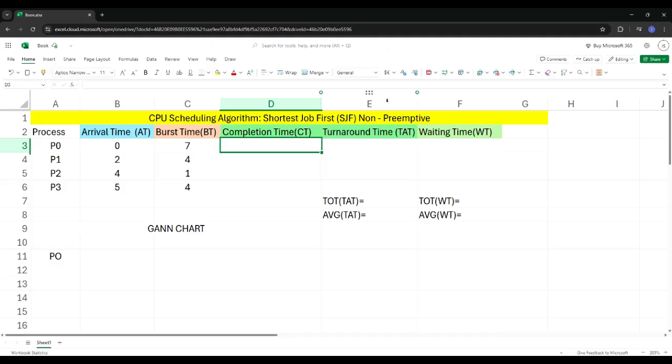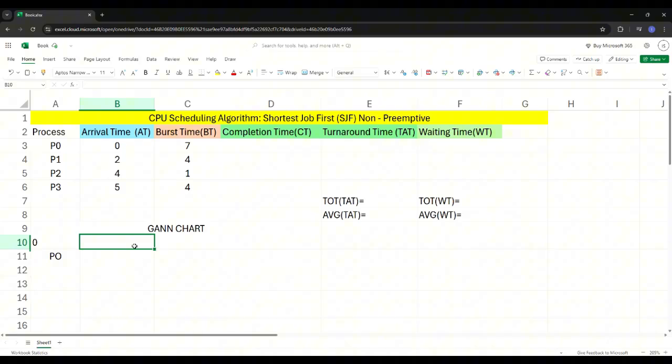How do we solve this? SJF selects the job with the shortest burst time among the available processes at the current time. Here's how scheduling proceeds. Let's start. First, at time 0, only process P0 is available. It has a burst time of 7, so it's scheduled first.